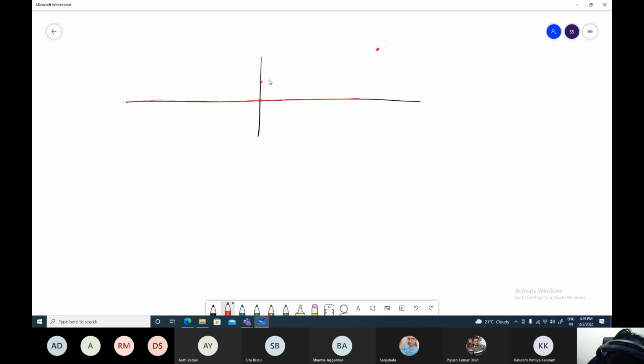Notice that if you take any point here, those are still there, but this point is identified with that point, right? In the quotient topology.